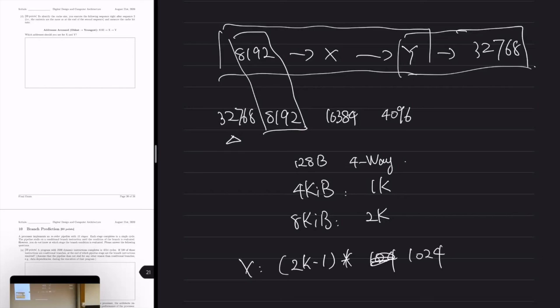In this case, if the cache size is 4 kilobytes, then this access of X would replace 32K.